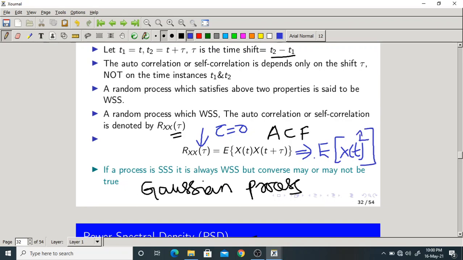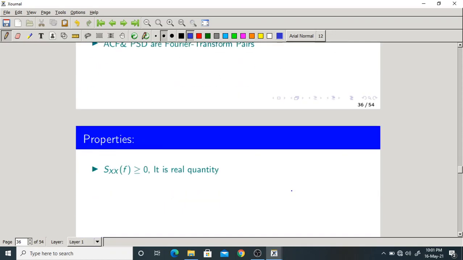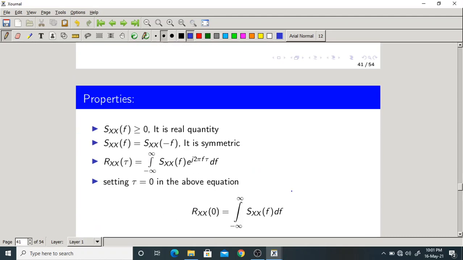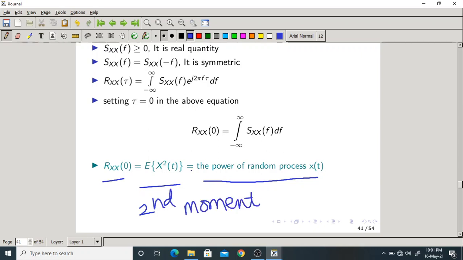So if tau equal to 0, RXX of 0 means expectation of X of t whole square. It is nothing but the power of a random process. Actually, it is the second moment. Second moment indicates power.